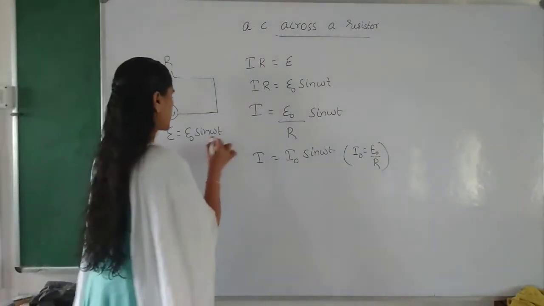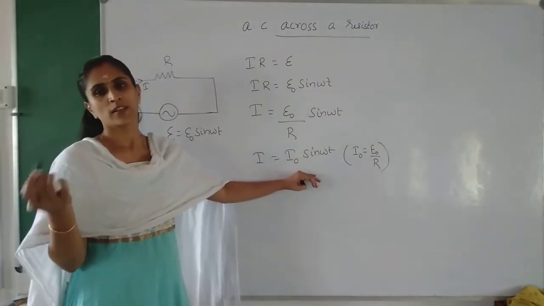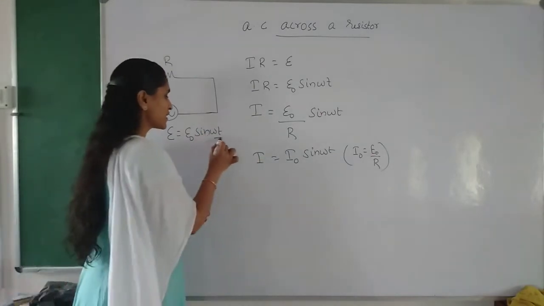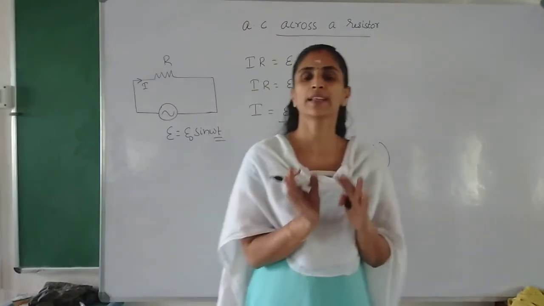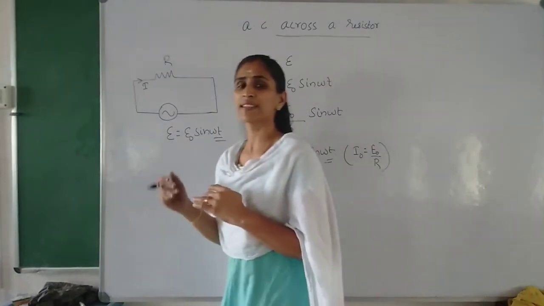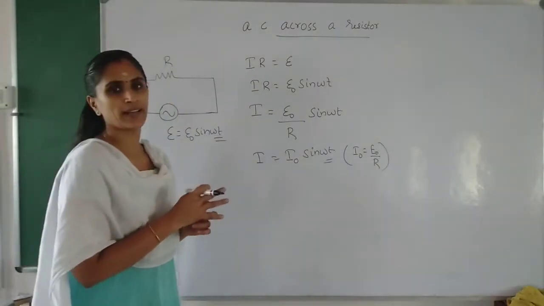We already know the expression for EMF, and now we have the relation for current. From these expressions, both have the same angle, so we can say that voltage and current are in the same phase.